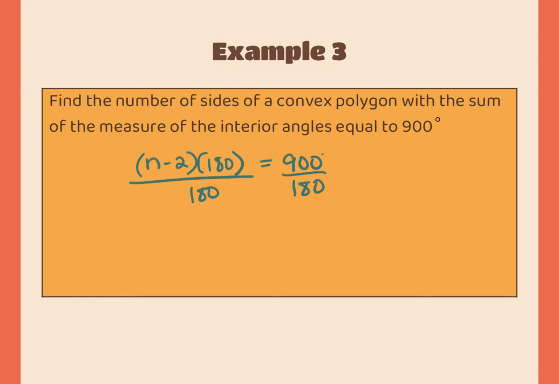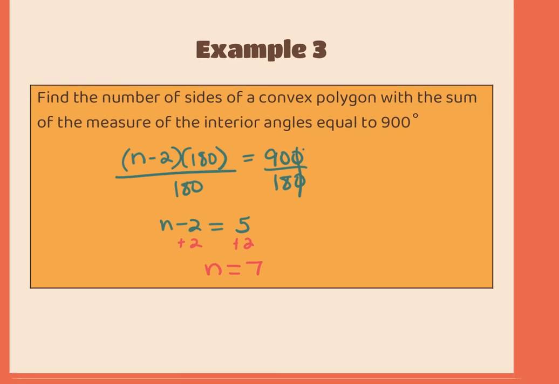I'd get n minus 2 equals, 180 goes into 900 5 times, and then add the 2. So number of sides is 7. If it asked for the name of this polygon, it would be a heptagon.